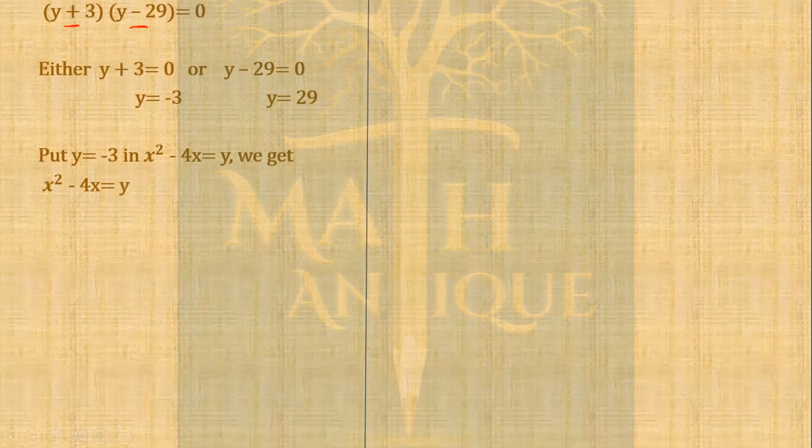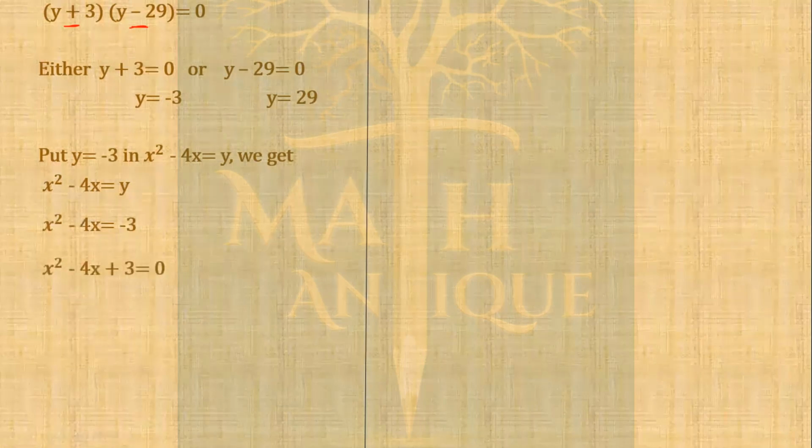And in the same way, we will solve by factorization. Before factorization, we will collect all the terms on the left side. It will become x square minus 4x plus 3 is equal to 0.